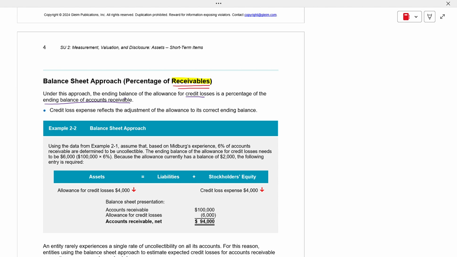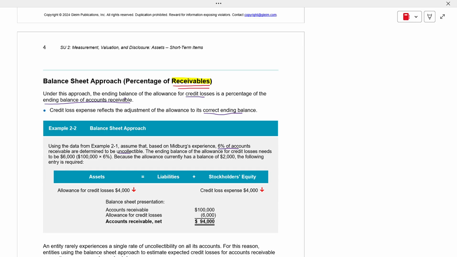Credit loss expense adjusts the allowance to the correct ending balance. Using the data, assume that based on Midburg's experience, 6% of accounts receivable is uncollectible.